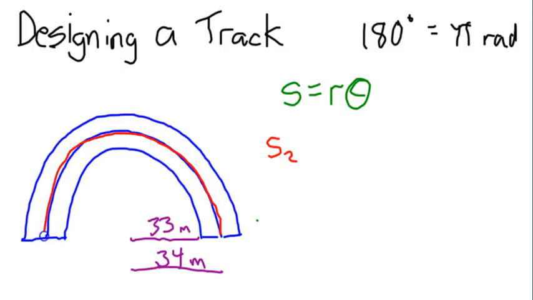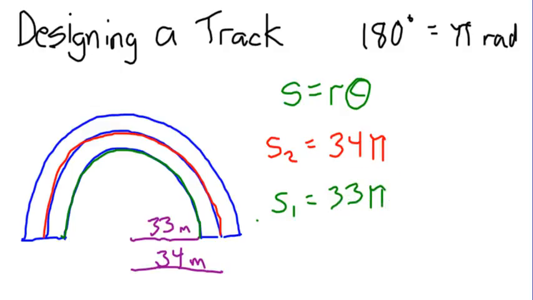That is equal to the radius, 34, times the central angle, which must be pi since it's a semicircle. Then we're going to find S1, the distance of the inside part of lane 1. That's equal to our radius, 33, times the central angle, pi.